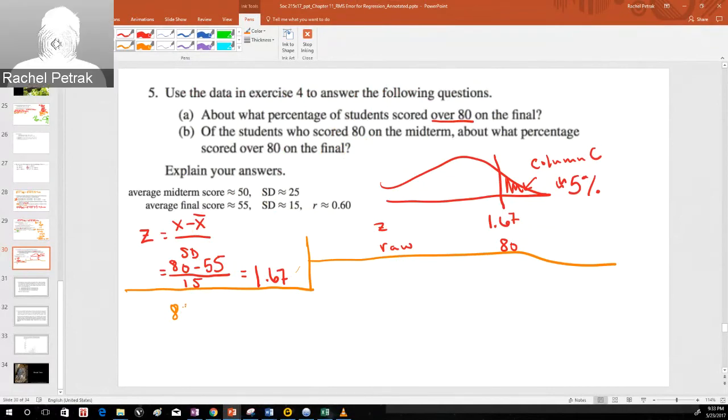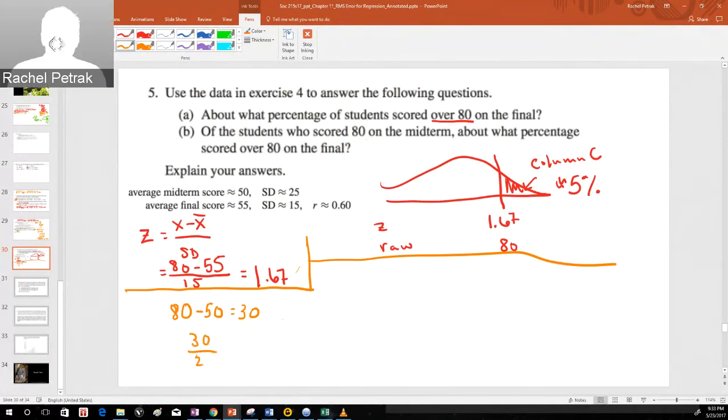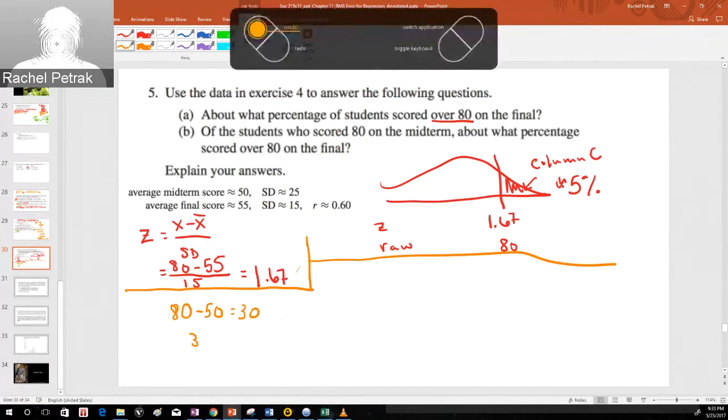So we use our midterm score here. So that's 30 out of 30 is, we can get how many standard deviations above the mean this is. Again, we're just using the Z formula here.